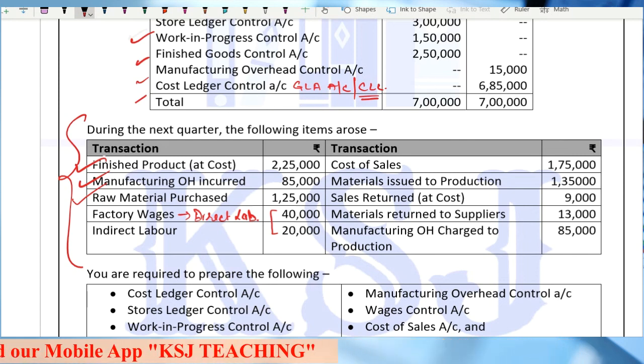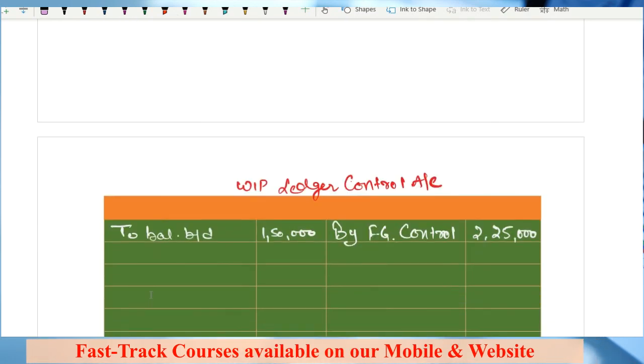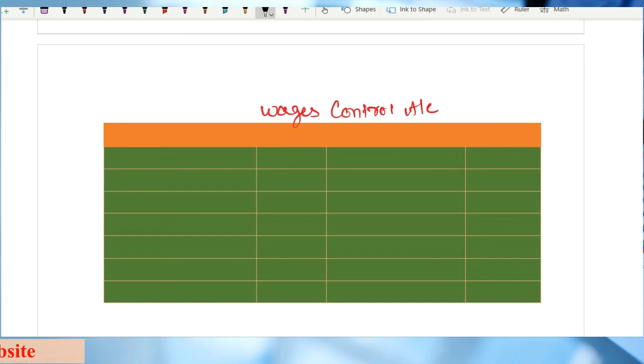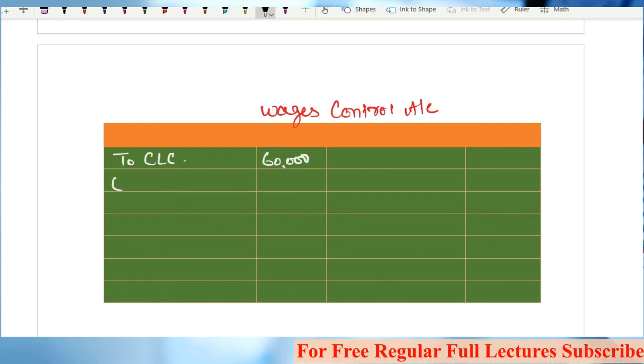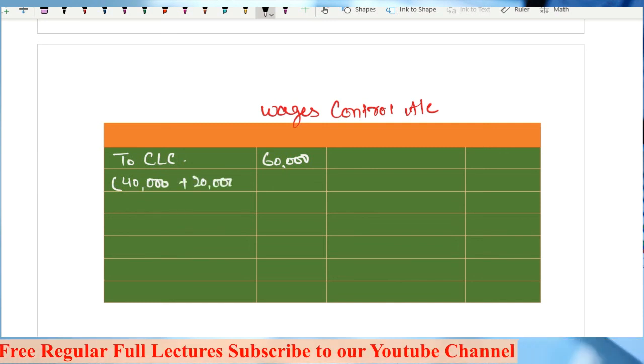In the financial books we'll post wages to cash, but in the cost books we cannot use the word cash, so the entry will be wages control account debit to GLA account. That means here in the wages control account, this is wages control account, so I can write here to CLC account, how much? 60,000, right? 40,000 plus 20,000, right?